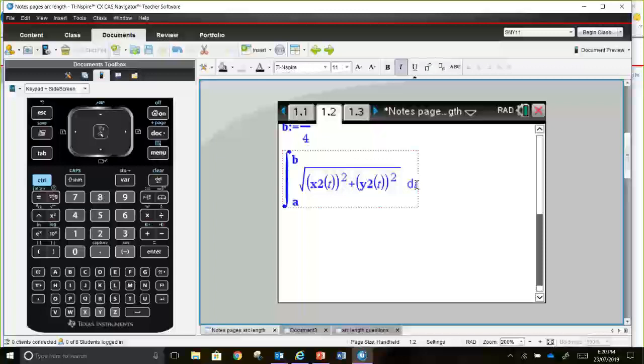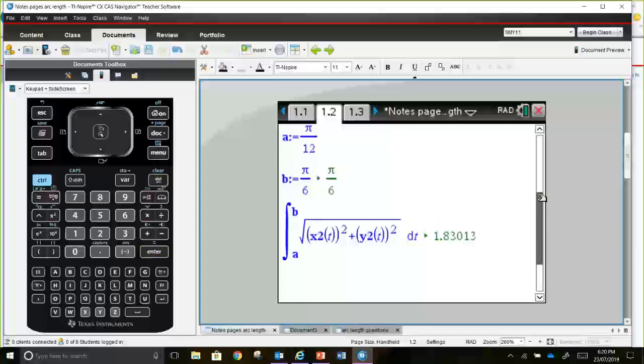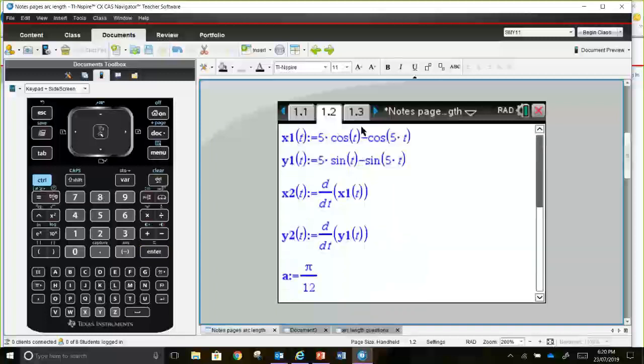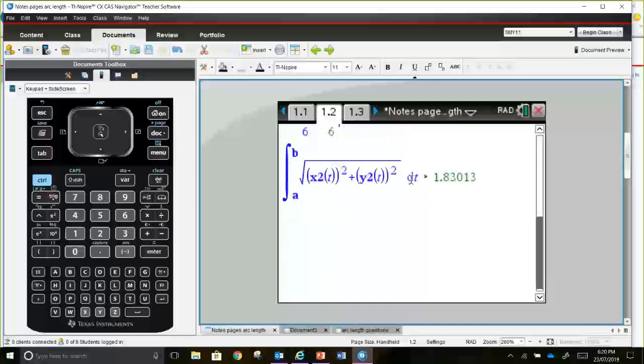Of course, when we press here, we get the answer. Changing the limits, if I go to pi on 6, will of course change this value. Similarly, we can change x1(t) and y1(t) to whatever the parametric equations are, and then we'll get the answer very quickly.